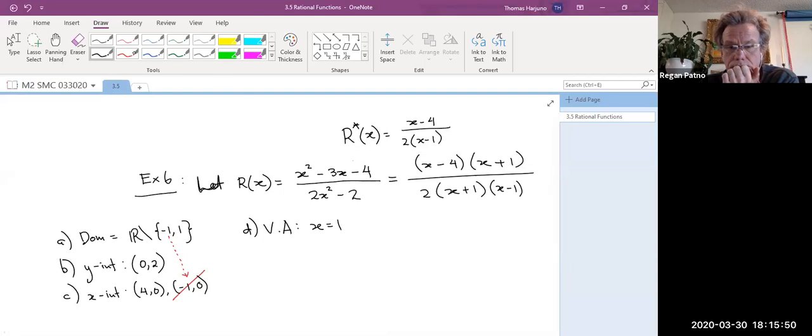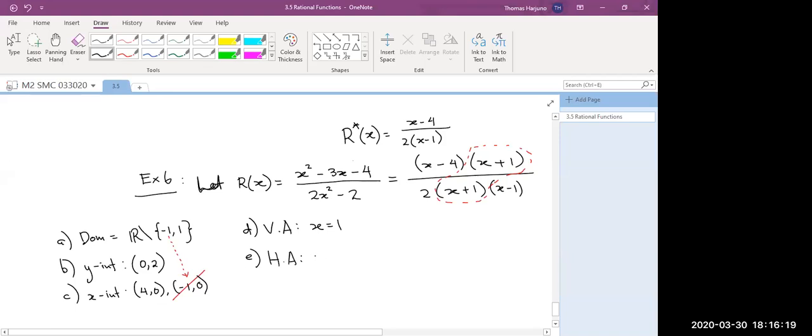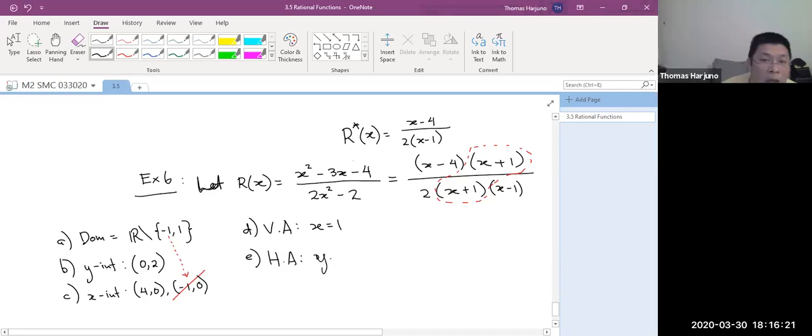Now, remember, if we have this kind of situation, here x plus 1 cancels. It means in the graph later on, x equals negative 1 will be undefined, but not a vertical asymptote, not an x-intercept. Okay? How about the horizontal asymptote? Y is equal to 1/2.